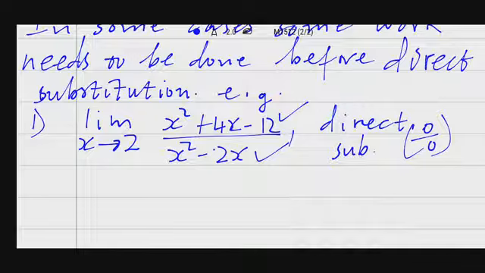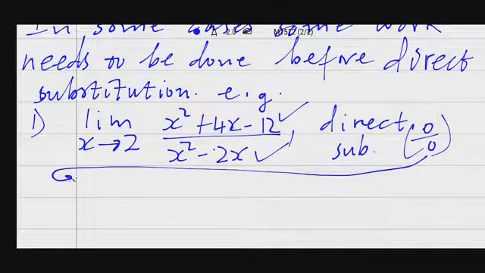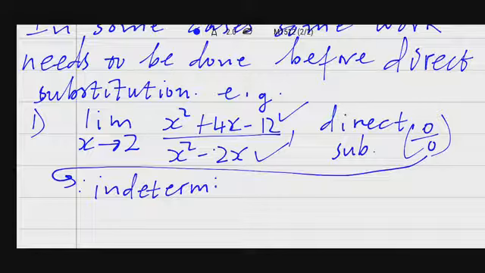That's really a problem. Once you have this 0 over 0, we normally say this is an indeterminate form.